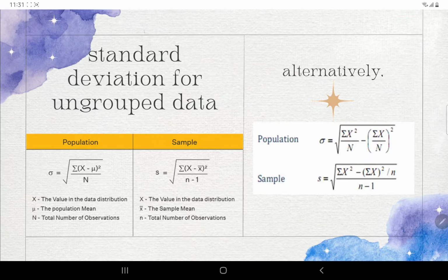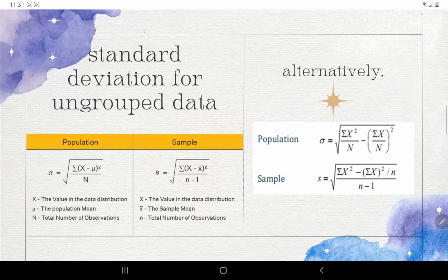How to find the standard deviation for ungrouped data? The formulas for finding standard deviation for ungrouped and grouped data are different. We take a look at the formula for ungrouped data first.